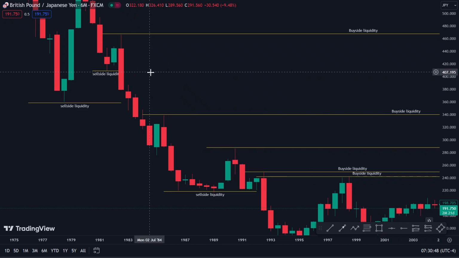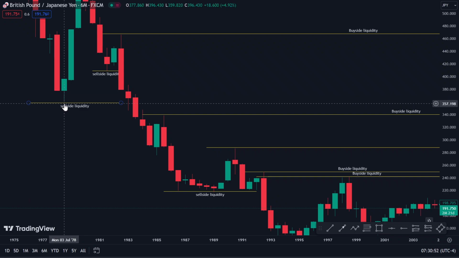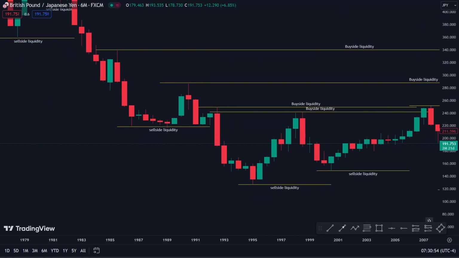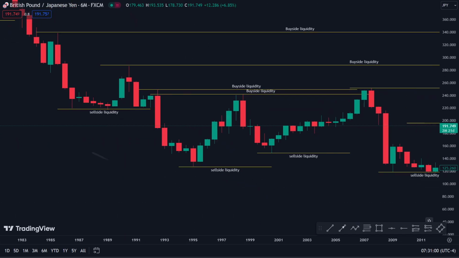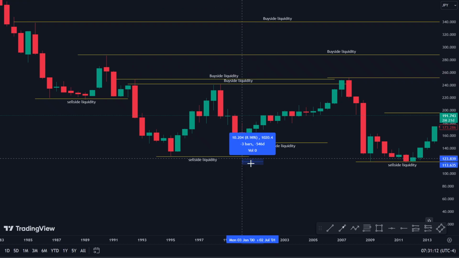Yep, so we had a swing low over there that was taken out, and together with this, this swing low was also taken out. This swing low was taken out. If we stretch this into time, then you'll notice that it was taken out.